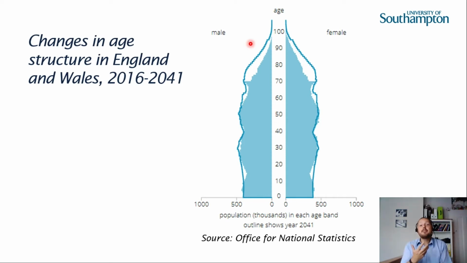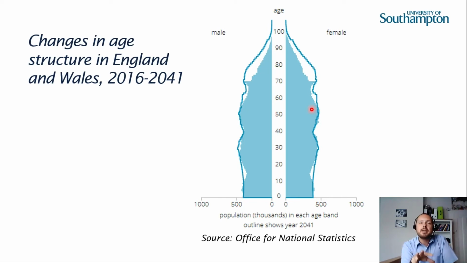There will be far more people in our population aged 70 and above than there currently are, and there are issues and challenges that come along with that. If, for example, we accept the idea that in any civilized society we have a moral obligation to take care of those in our society who are vulnerable, then an aging population begs the question of how are we going to be able to take care of our aging population, of the elderly in our population.